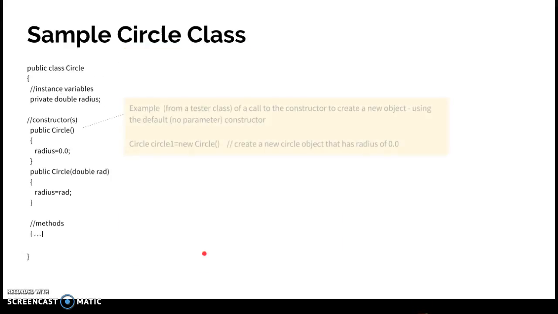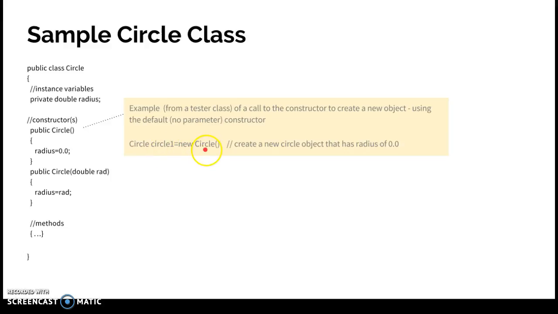All right. So an example from a tester class of a call to construct or create a new object could be Circle circle1 = new Circle(). This creates a new Circle object that has a radius of 0. So let's look at it again. You use the type. This is the class name, type Circle. Here's the name, my reference variable name, circle1, name of my object, equals new.